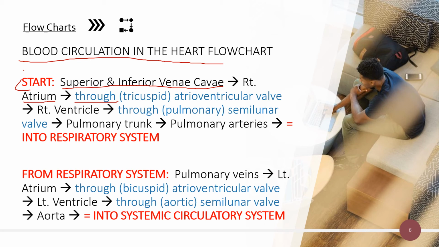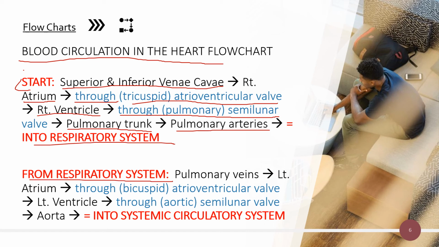See, through the tricuspid atrioventricular valve, and then into the right ventricle, and that's a chamber, so that went back to being black, and then through the pulmonary semilunar valve, and into the pulmonary trunk and into the pulmonary arteries and into the respiratory system. And then from the respiratory system, it goes into the pulmonary veins, into the left atrium, through the bicuspid valve, and so on and so forth.